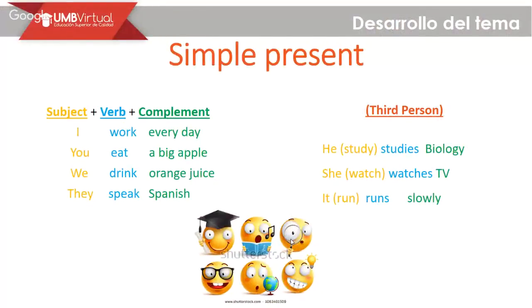Okay, so here we have a brief explanation according to the use of simple present. Remember we use simple present to talk about actions that we do in our daily routine. Podemos decir que presente simple hace referencia a actividades que nosotros hacemos dentro de nuestro tiempo cotidiano.